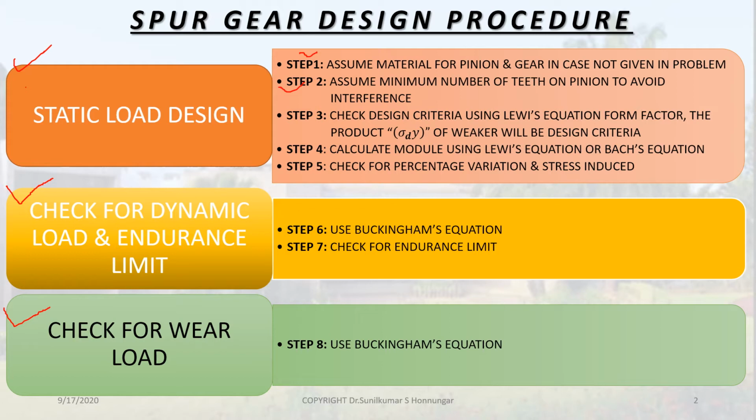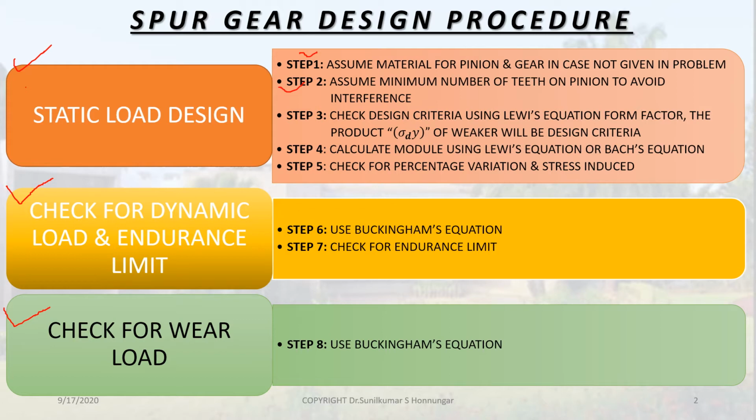That is multiplied by sigma d. What is sigma d? It is the strength of that particular body material. If it is a gear, whatever the material of the gear is, you take that sigma d, multiply it by the Lewis form factor, and find the product, and then see whether the product for the pinion is greater than or less than that for the gear.